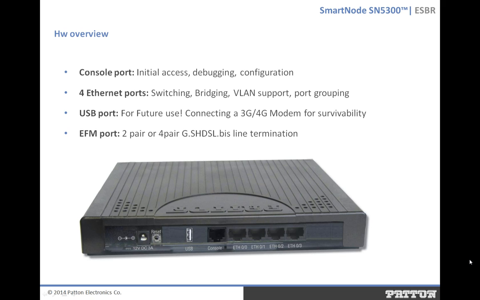Then, not visible in this picture, there are SKUs available already right now with EFM port support. There we have 2 options, either a 2-pair or a 4-pair G.SHDSL line termination on that unit. So there is no need anymore for an external modem where the EFM line is provided from the carrier side. These are some items on the hardware side of the 5300.